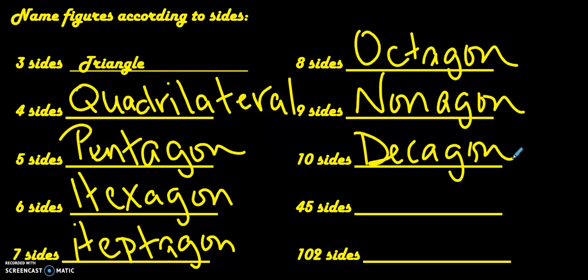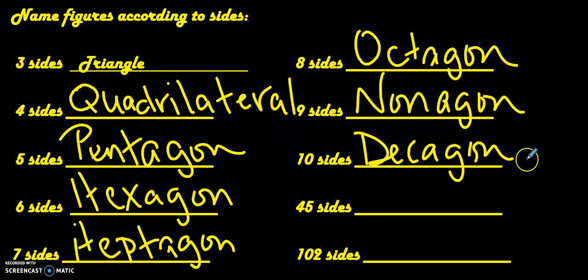And then just tell me in general, how do you name polygons? Like, where do these names come from? So the 45-sided shape has an actual name. How is it named? How do you make the names of all of the other shapes that we're not talking about right now? Bring that to me in class tomorrow, and you can have up to 5 bonus points depending on how much information you include in there.